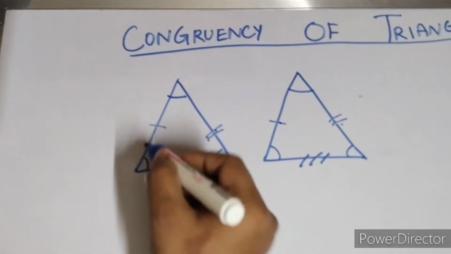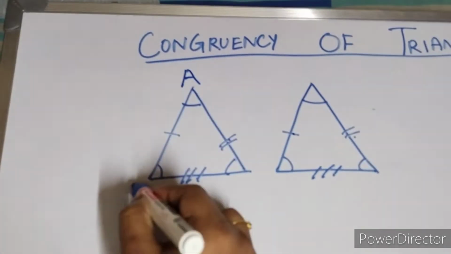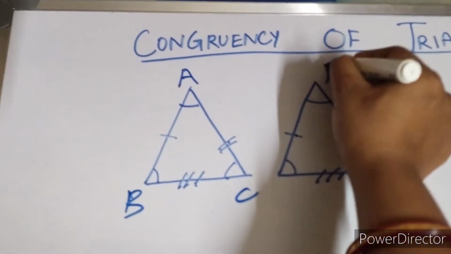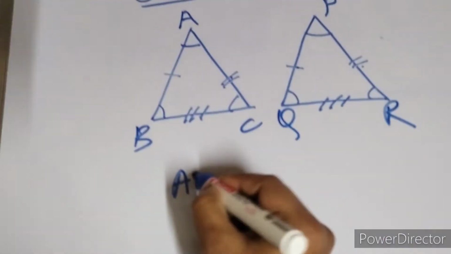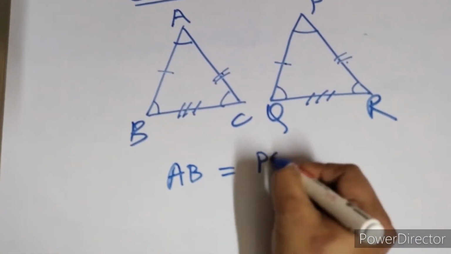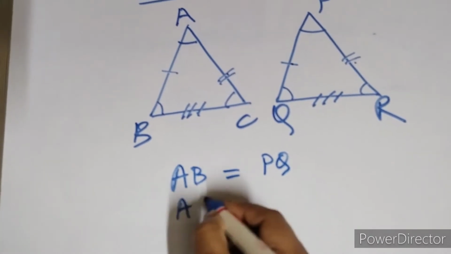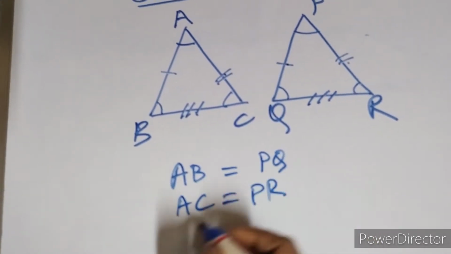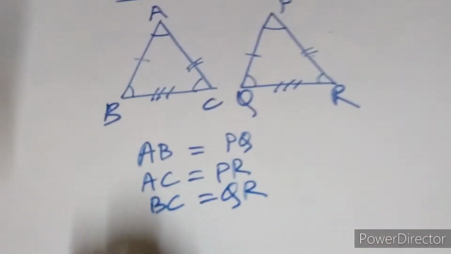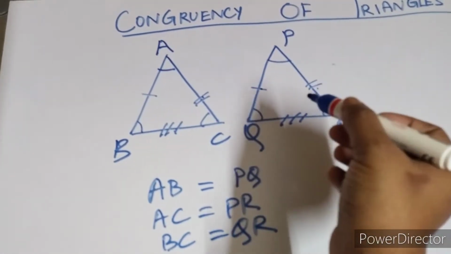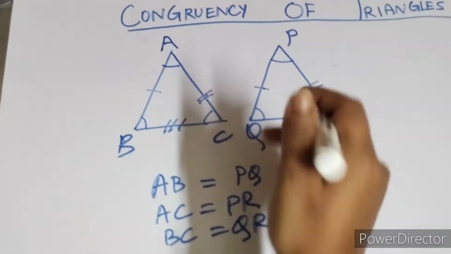So see, if we consider this triangle ABC and say this as PQR, then AB equals PQ, AC equals PR, and BC equals QR. So by this, three sides are equal to three corresponding sides of both the triangles.